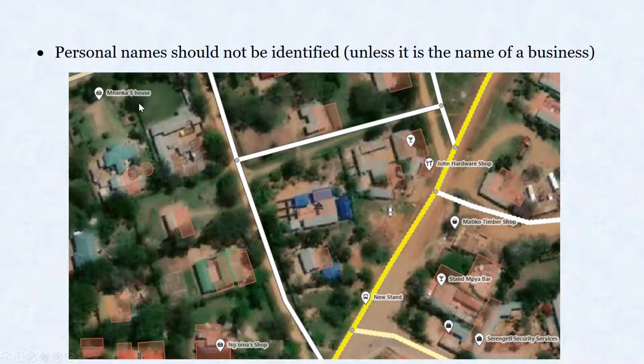Maybe Manaka is a small bank or a money lender, but you should not have someone's name, for privacy, even though maybe everyone in the village knows where everybody lives. Once you put it on the internet, it's not safe to do.